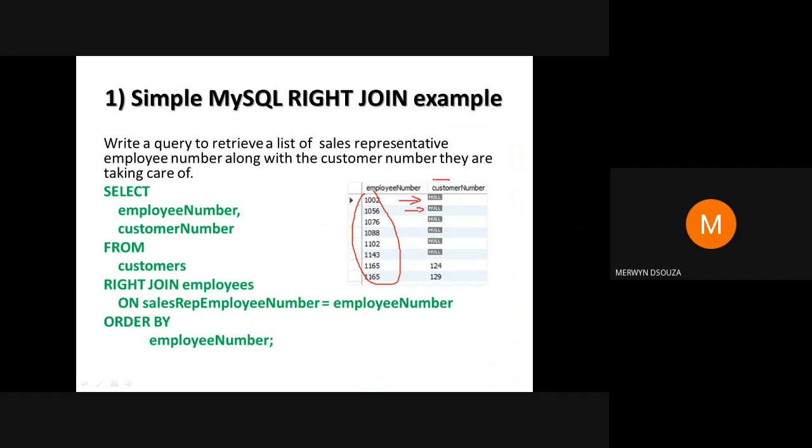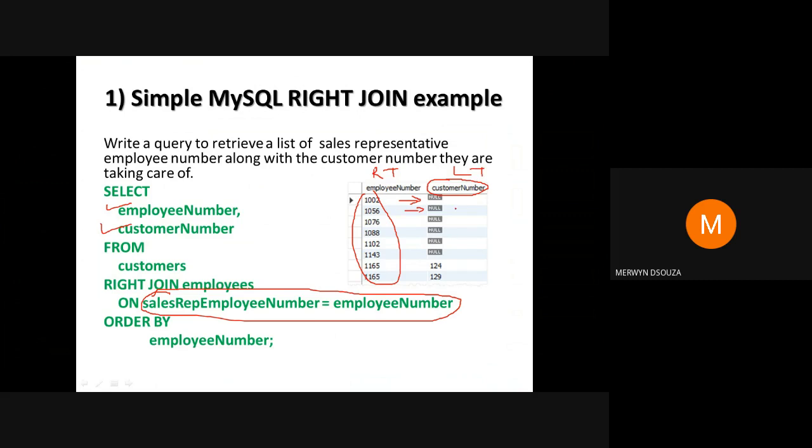So the customer number is something that is coming from the left table. The condition on which the data is being retrieved is this condition. As long as these two values are matching, these two columns are getting displayed. Employee number is from the right table, and customer number is from the left table.